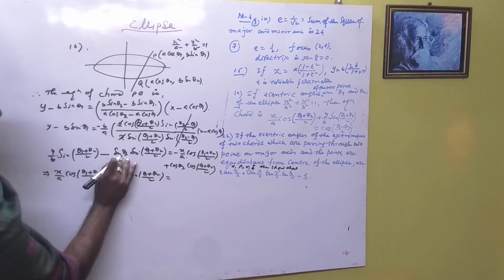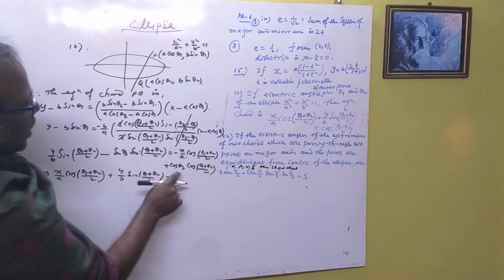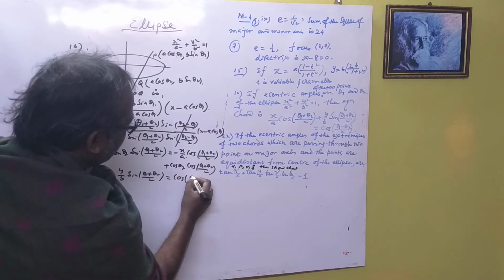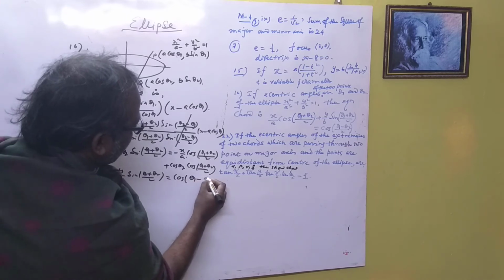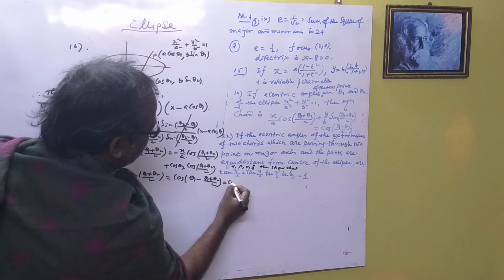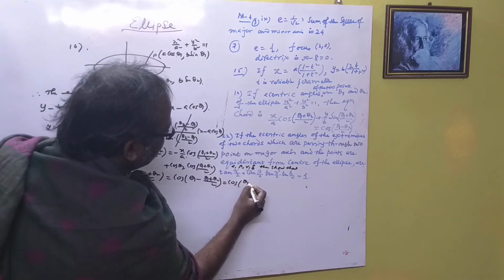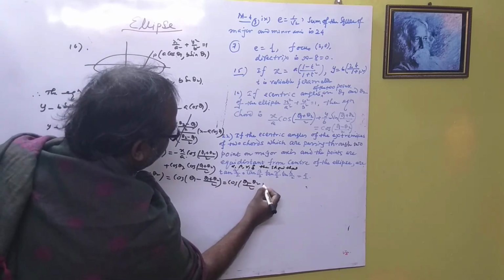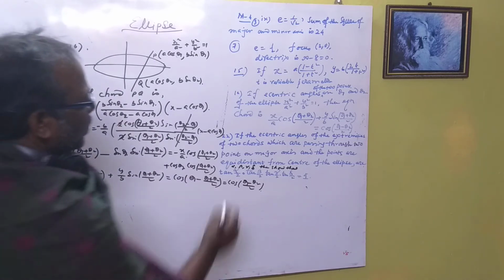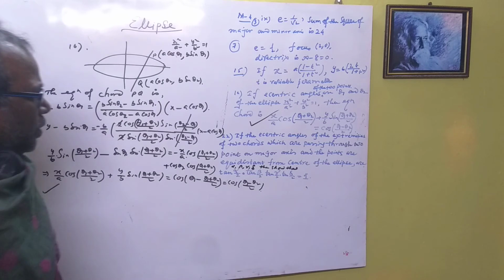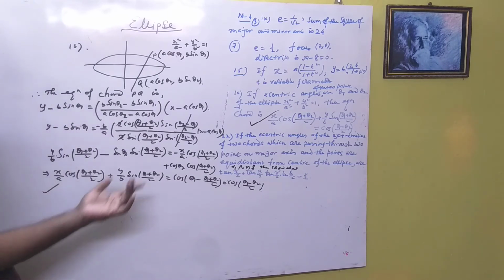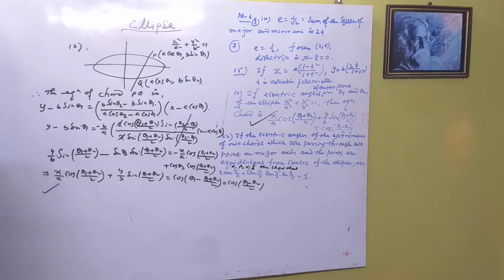Take the other part on the right hand side, and you get cos A cos B plus sin A sin B, so that is cos of (A minus B), that is theta 1 minus (theta 1 plus theta 2) by 2, and that is equal to cos of (theta 1 minus theta 2) by 2. This is the equation of the chord PQ. This is proved here, and now on the basis of this chord, we want to show question 22.